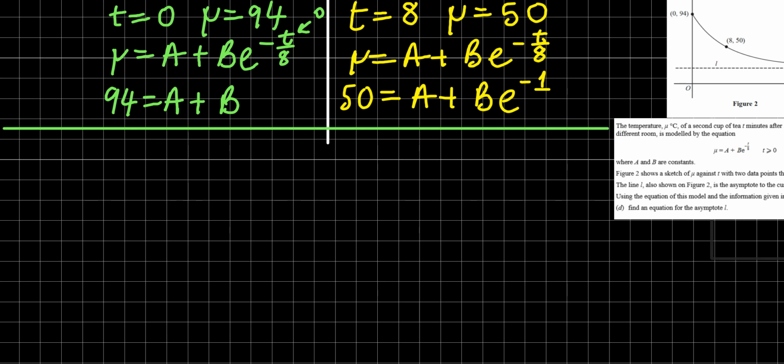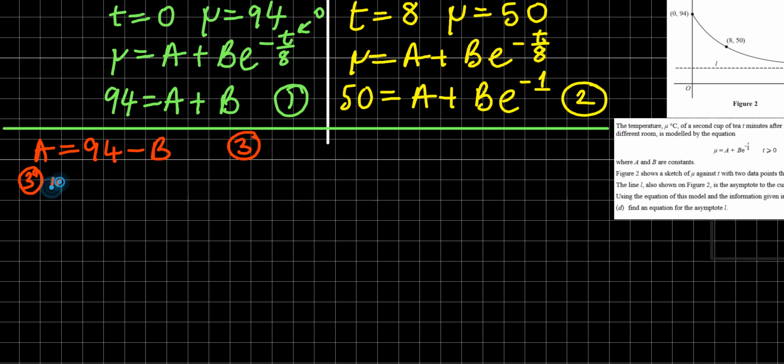So let's call this equation 1 and this equation 2. I could make A the subject: A is 94 minus B. So that's equation 3. I'm going to substitute equation 3 into 2.